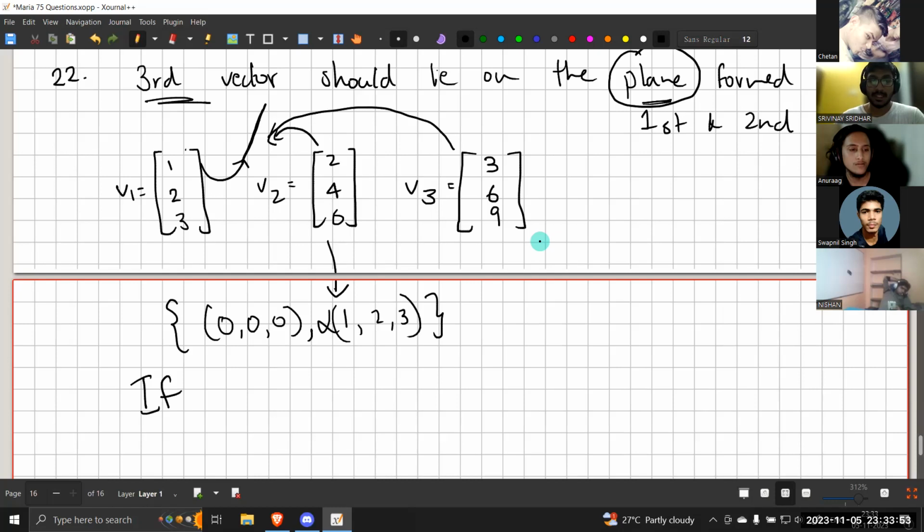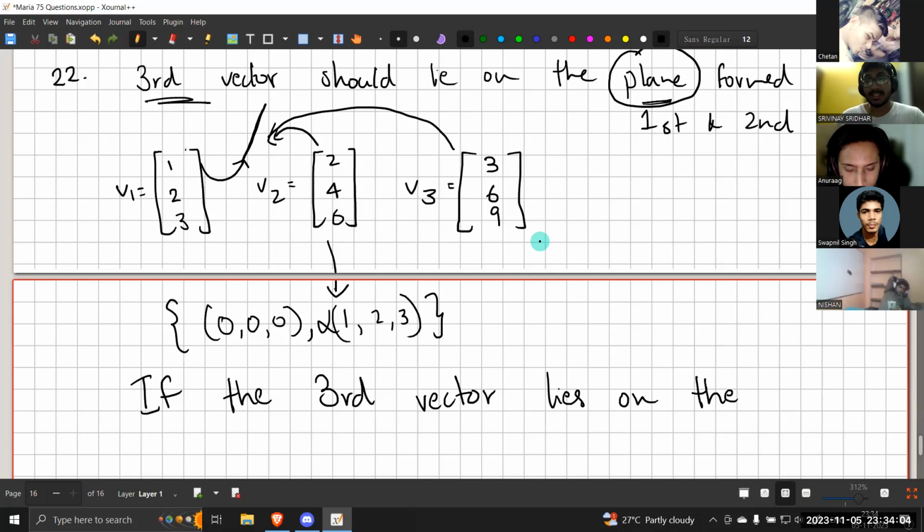So this is how I would state it. If the third vector lies on the subspace, why subspace? Because we know a linear combination of two vectors could either be a point or a line or a plane. We don't want to restrict it to say that it just lies on the plane. Exactly.